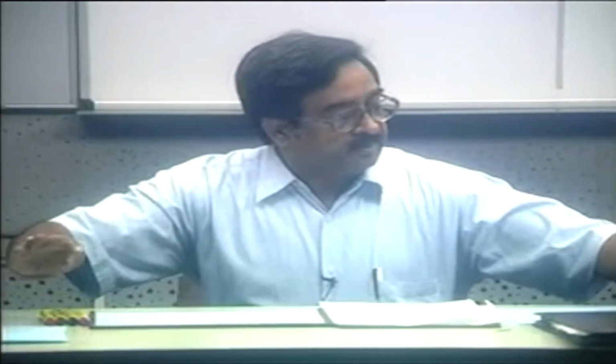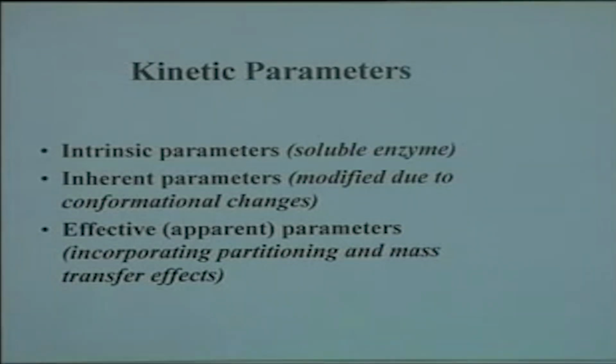Now, based on these three parameters, particularly as I mentioned earlier, the conformational changes, mass transfer effects and the partitioning effects, the kinetic parameters for an immobilized enzyme are classified into three major classes.